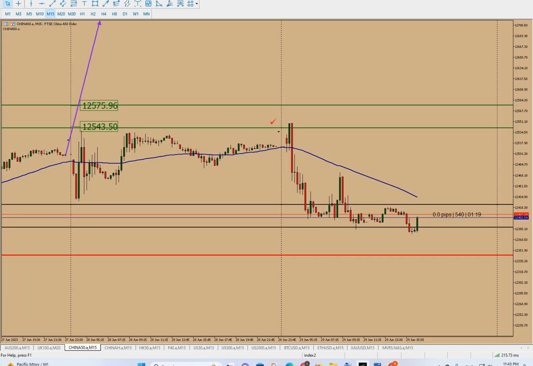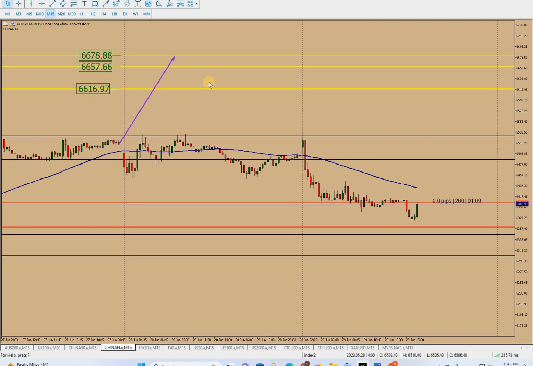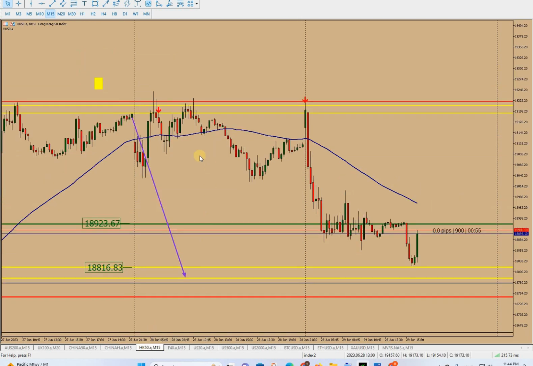So I go back to the chart, and we had China, and we mentioned China is going to hit those levels. The market has not hit the stop loss as yet. This is our stop loss, this red line, and we are waiting for it to go up. Okay, Hong Kong index.